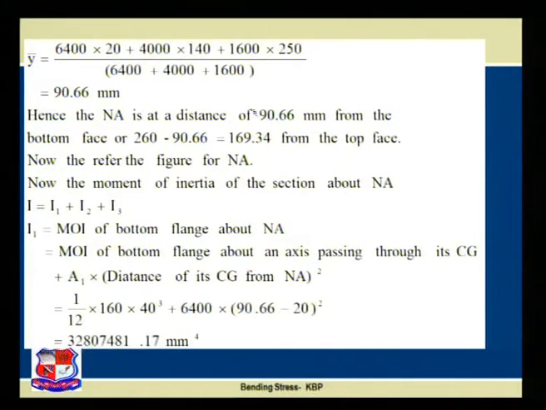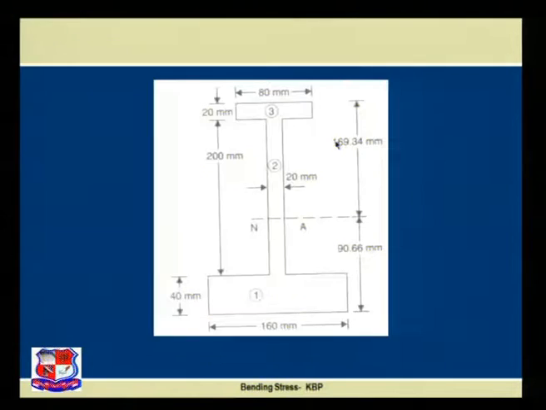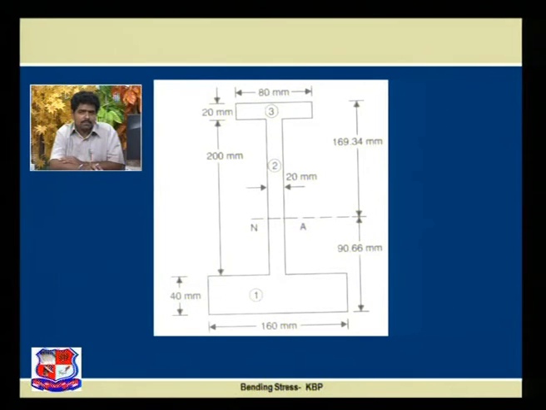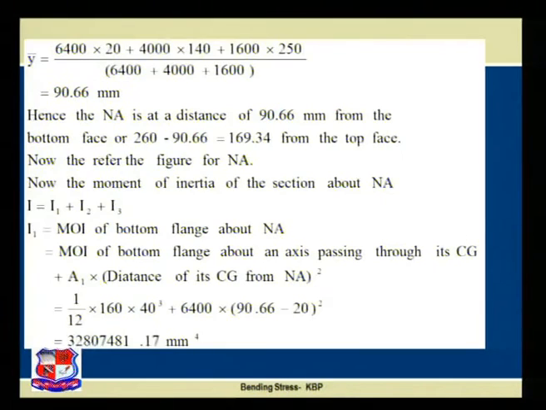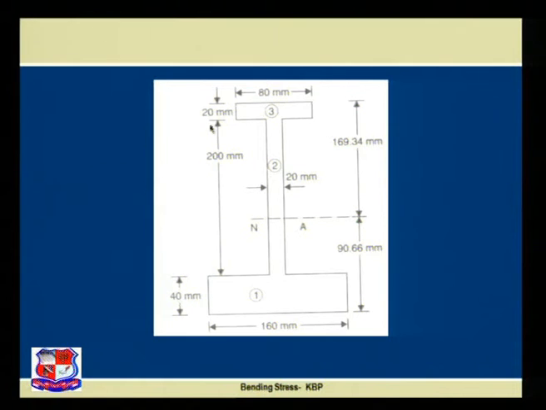So, 260 minus 90.66, that is 169.34 mm from the top face. If you want to refer, the figure is over here. The total available depth is 200 plus 20 plus 40, that is 260.